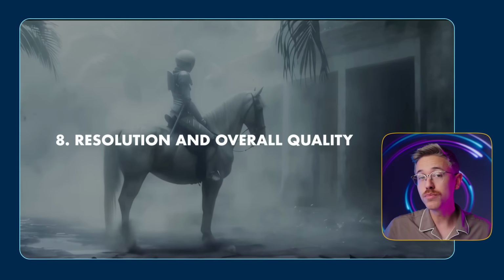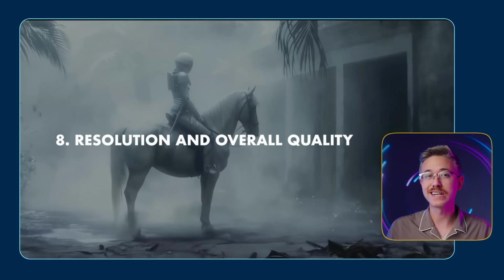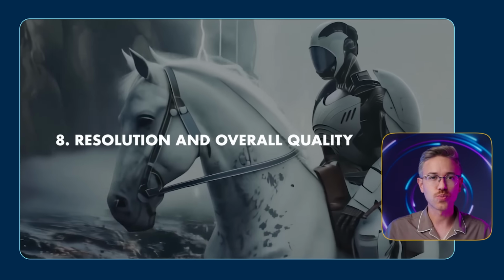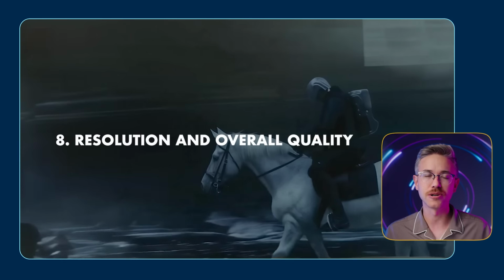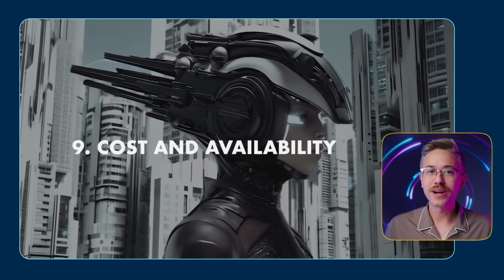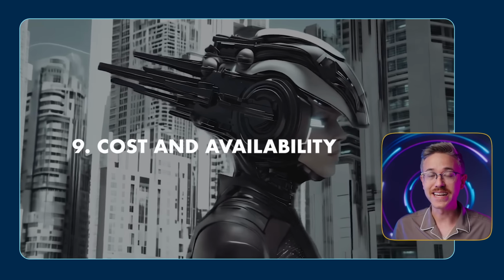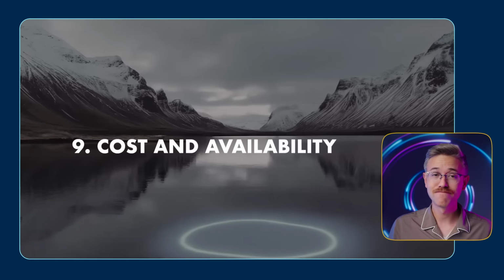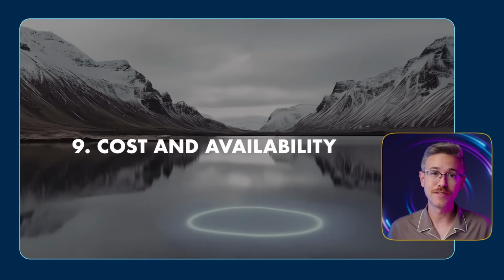Some tools may give you more resolution, but the actual pixels that you're looking at may be soft or kind of weird in some sort of way. So resolution isn't the only criteria that you're looking for when it comes to quality in the details. And the final criteria is cost and availability. You can have the best tool in the world, but if it's too expensive or not available, it's really not that helpful to you as a filmmaker.